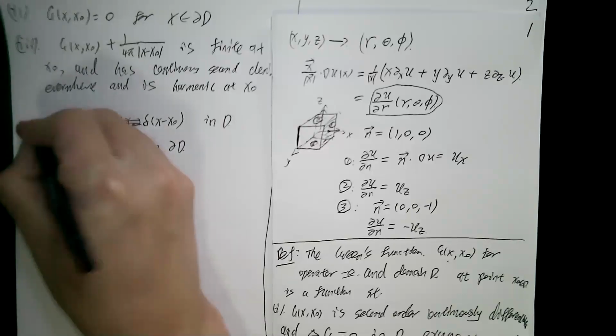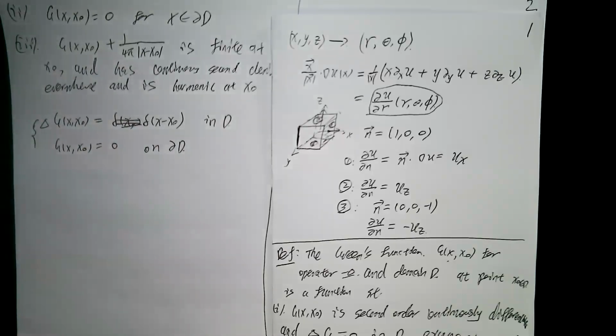But of course, this is a little bit beyond this course, because if you try to understand mathematically the meaning of this kind of system, you will need a little more knowledge about functional analysis. Whatever.